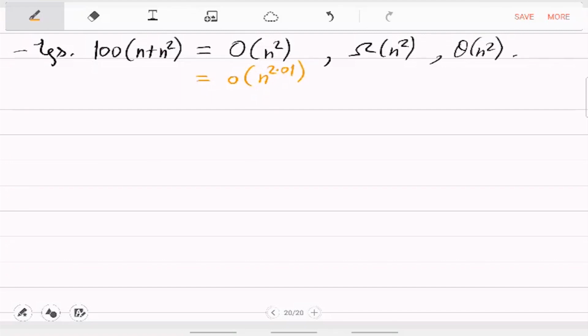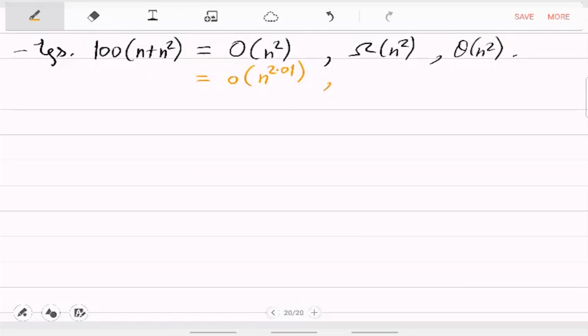right? Because n plus n square will be smaller than n raised to 2 point something. So you can put 0.001, 0.01, 0.1. So the left hand side will be strictly smaller than this, right?